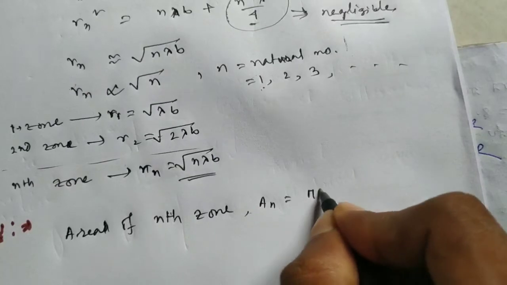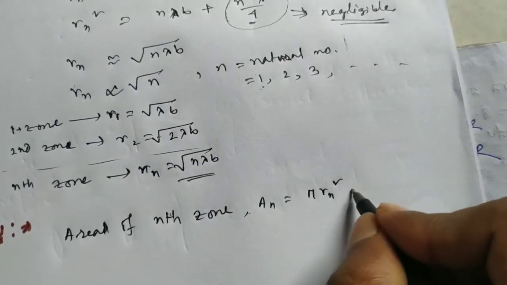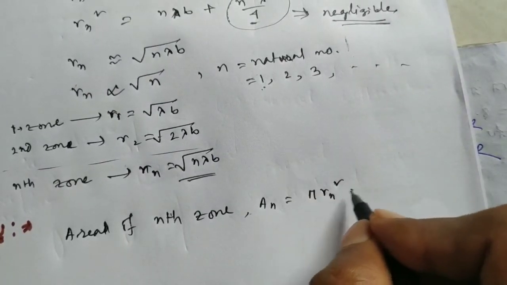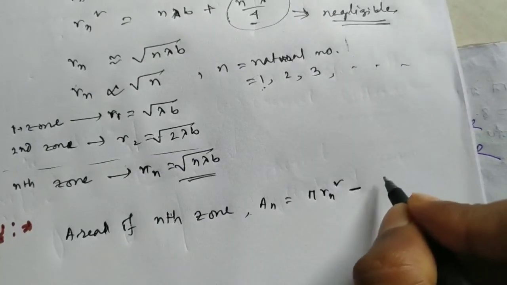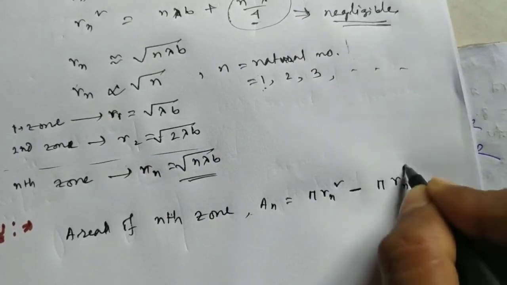equals pi Rn square, the area of the nth circle, minus pi R n minus 1 square.